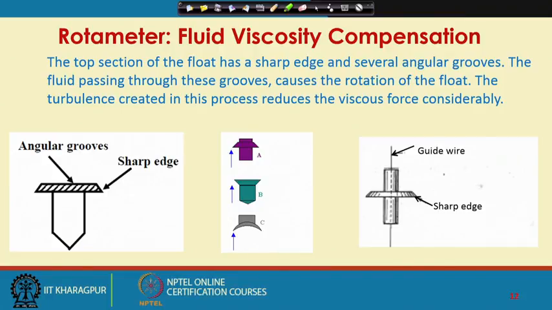The top section of the float has a sharp edge and several angular grooves. The fluid passing through these grooves causes the rotation of the float. The turbulence created in this process reduces the viscous force considerably.